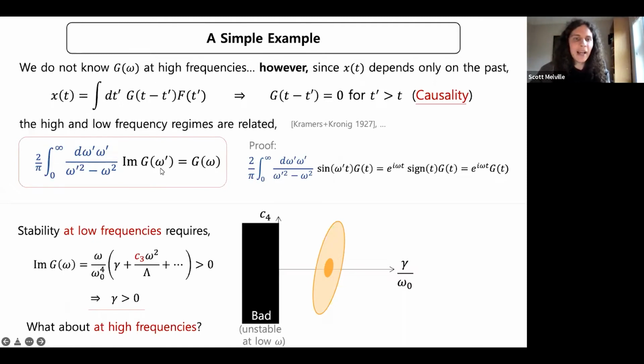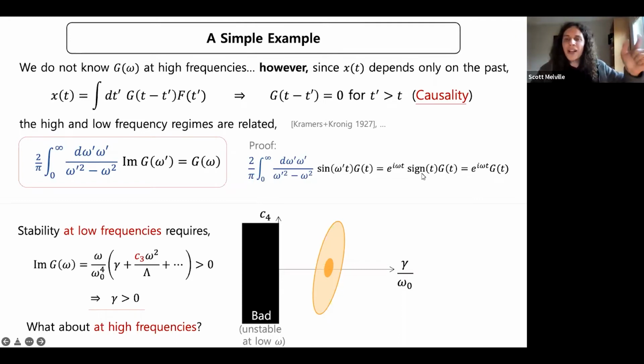For the oscillator it's quite an easy thing to prove because of this particular blue integral that we're doing, right? You can ask Mathematica what this blue integral of a sine of omega t, a sine function, is, and this blue integral turns a sine into an e to the i omega t times the sign of t with a g, right?